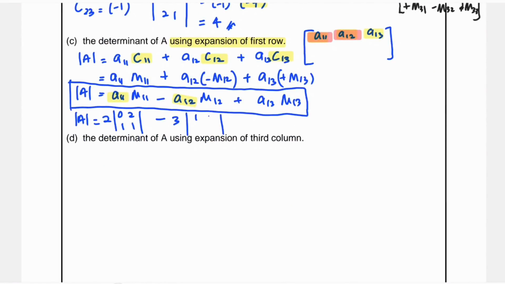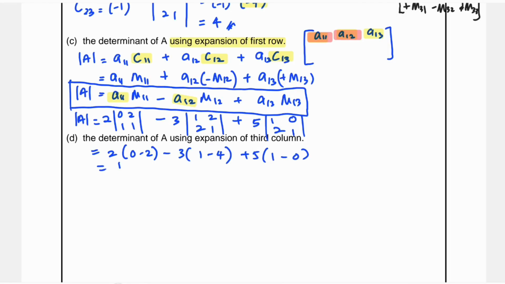Repeat the same process, and lastly you need to calculate using AD minus BC. So 2 times (0 minus 2), minus 3 times (1 minus 4), plus 5 times (1 minus 0). You will get 10 as the final answer.